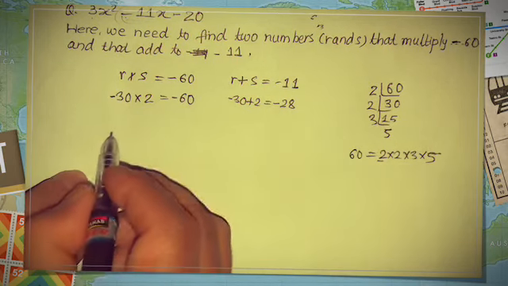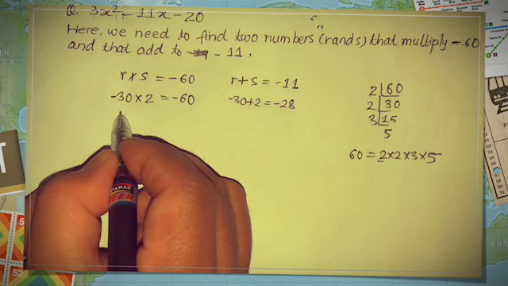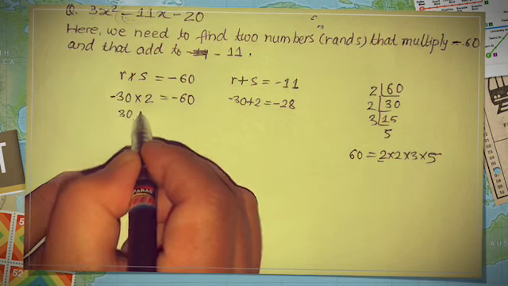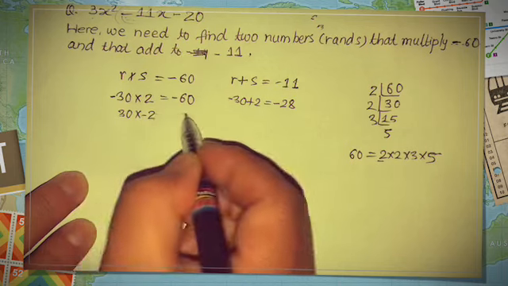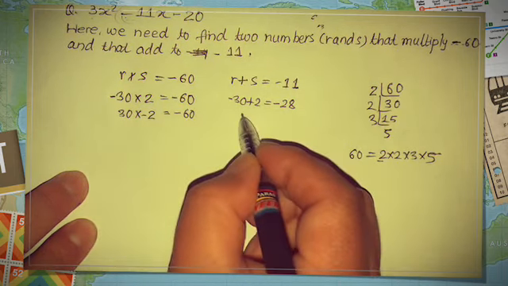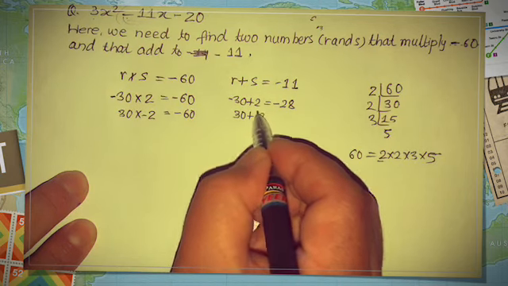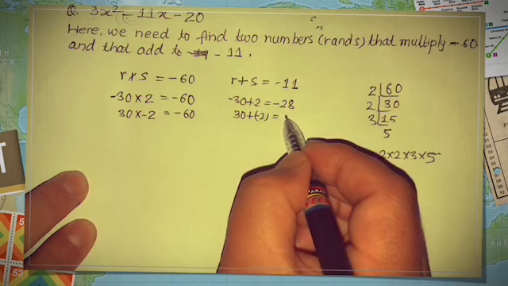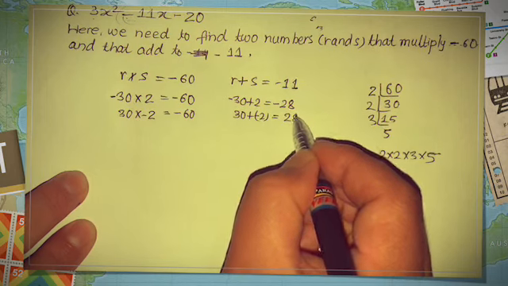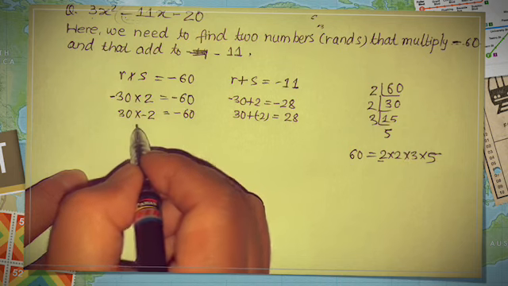This is not what we want. Another, 30 and minus 2, what is it? Minus 60, and their sum is 28. So this is also not the numbers that we are looking for.